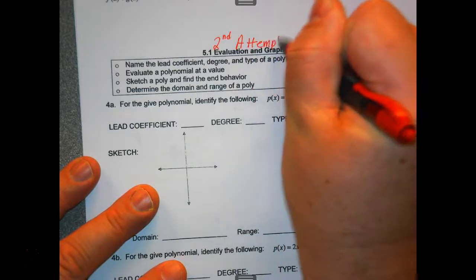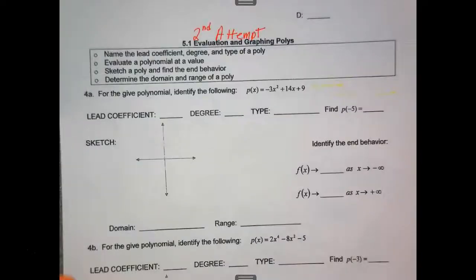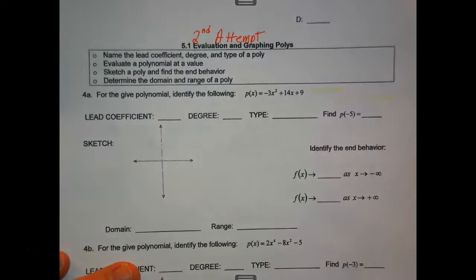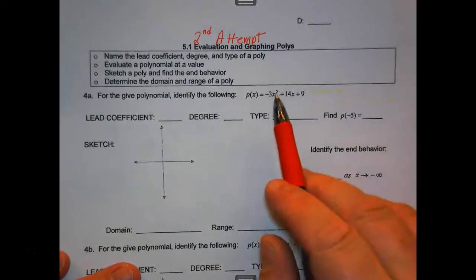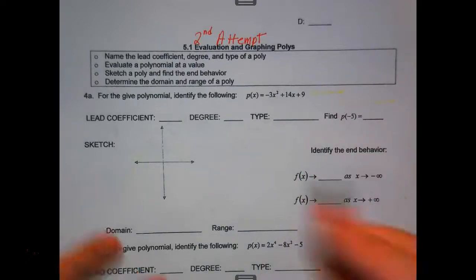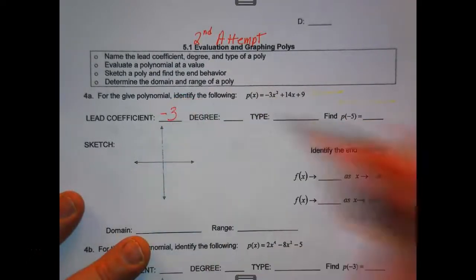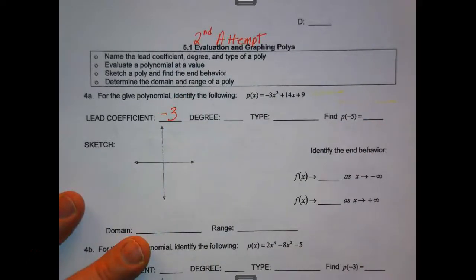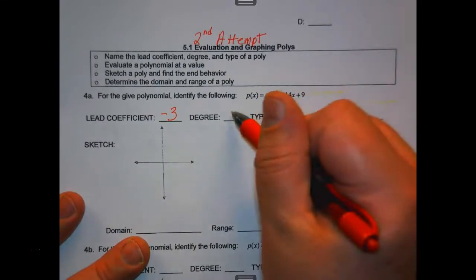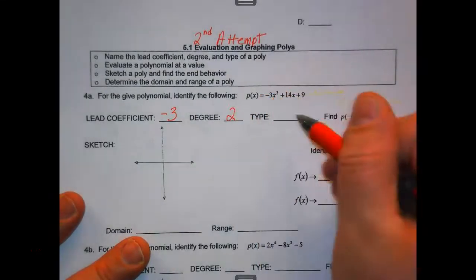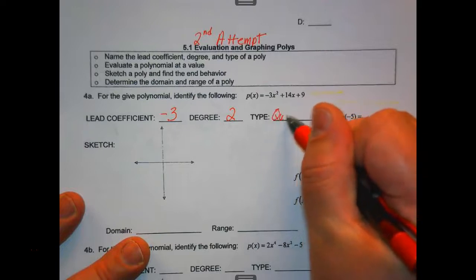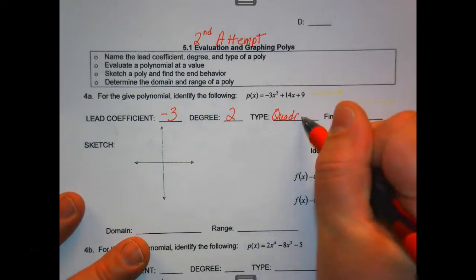Okay, this one's actually pretty easy, right? It's already in standard form. What's my lead coefficient? Negative 3. Highest degree, 2, which makes it a quadratic, which gives me a parabola.